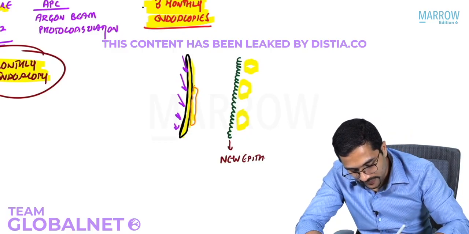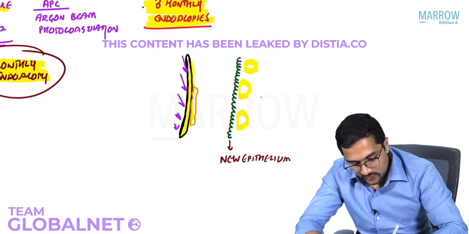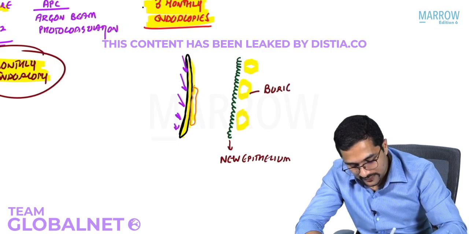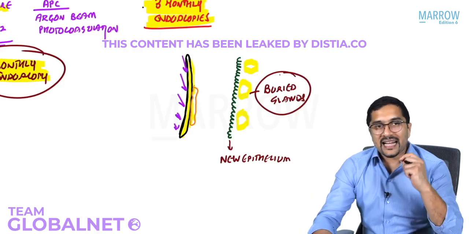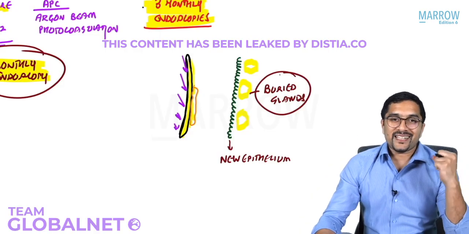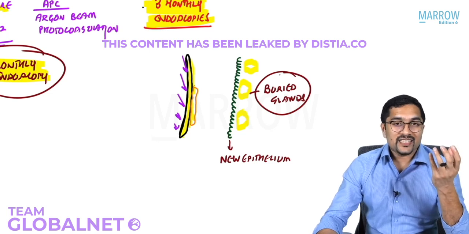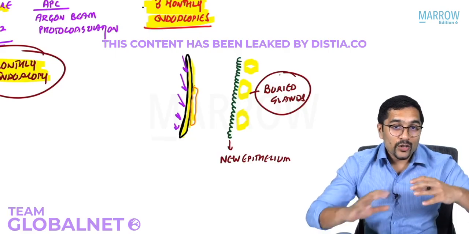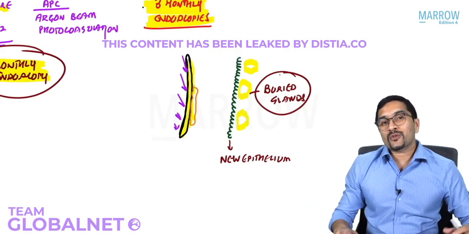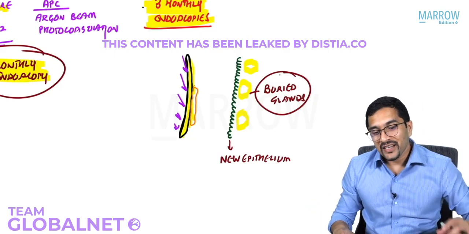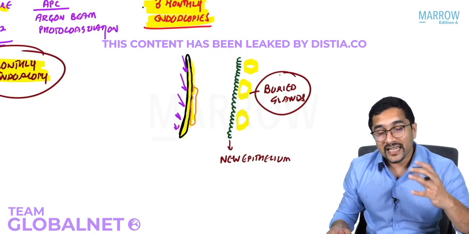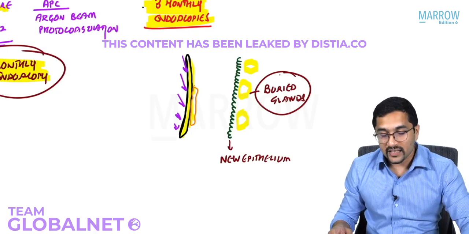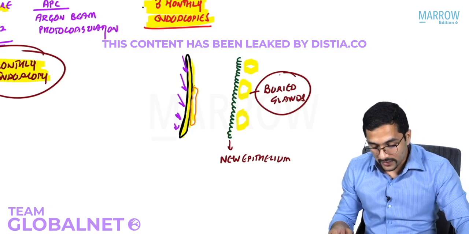So these are known as buried glands, and cancer can sometimes develop in these buried glands. And you need to imagine that if cancer develops in these buried glands, it can be missed, because on top of it you have normal squamous epithelium coming up. So that's how sometimes cancer can get missed after these ablative techniques due to these buried glands.